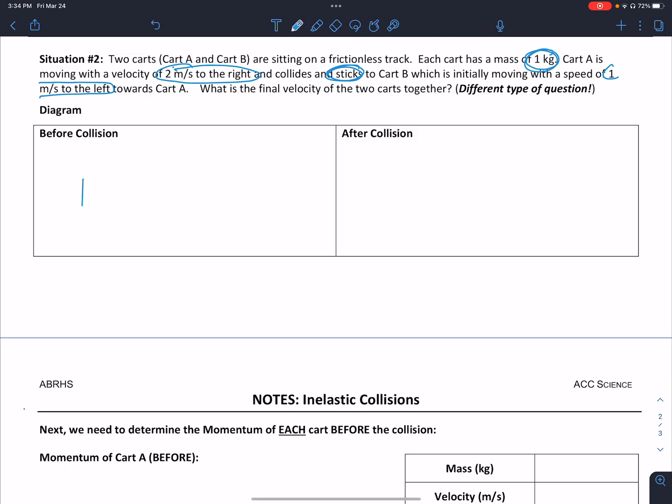We always start with our diagrams. So we've got cart A moving at 2 meters per second to the right, and somewhere out in front of it is cart B, but cart B is moving 1 meter per second to the left towards cart A. So this would be like a head-on collision. When that collision occurs, A and B stick together.